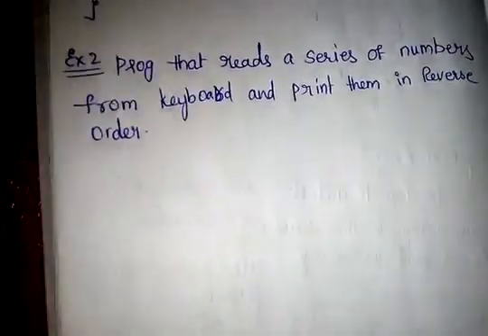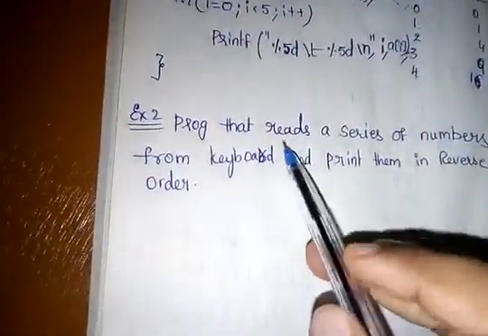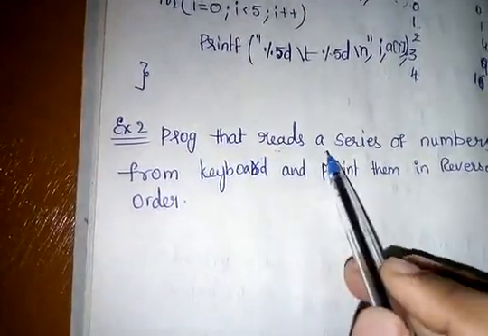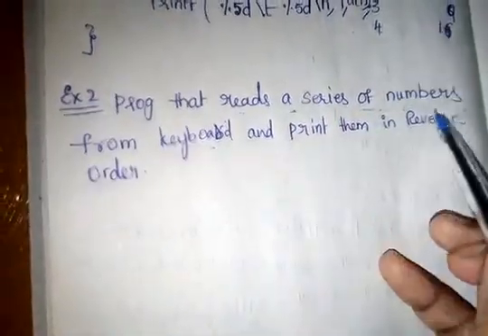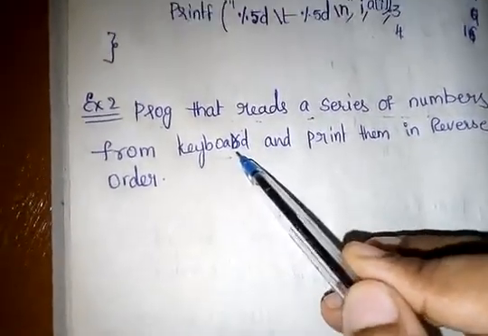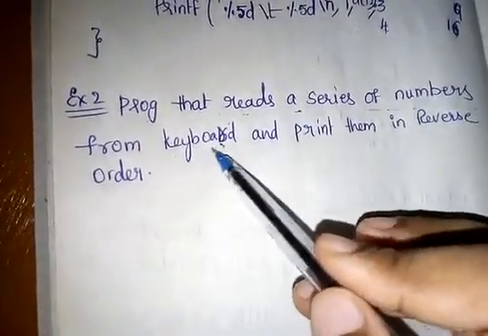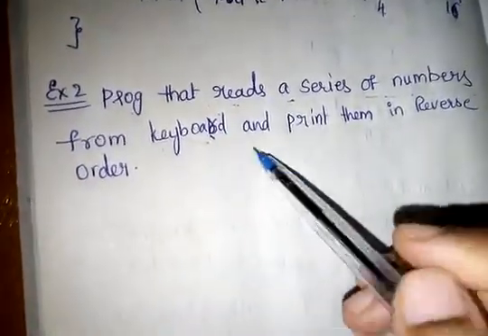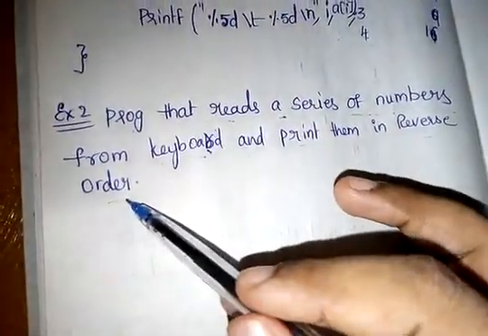So now let us have a look at one more program. The question is: write a program that reads a series of numbers from the keyboard. Numbers from the keyboard means you have to take the input from the user during execution, so you need to use the scanf function, and then print them in reverse order.